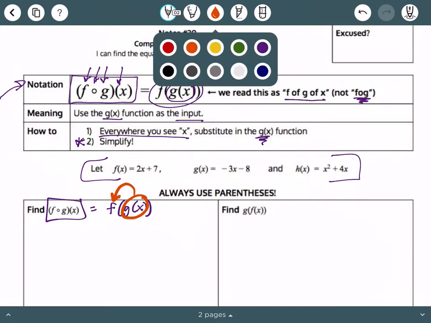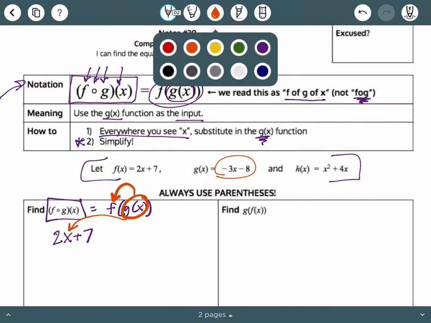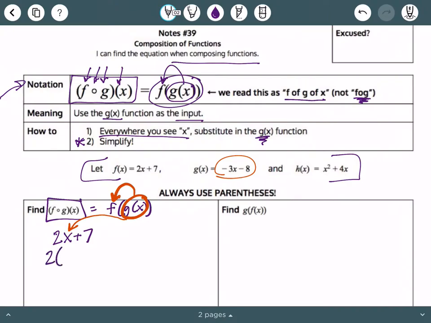So I'm going to start with the f equation. The f equation is 2x plus 7. Everywhere I see x, instead of x, I'm going to take out the x and I'm going to write in the g of x equation. So for this case, it would be 2 of these things plus 7.